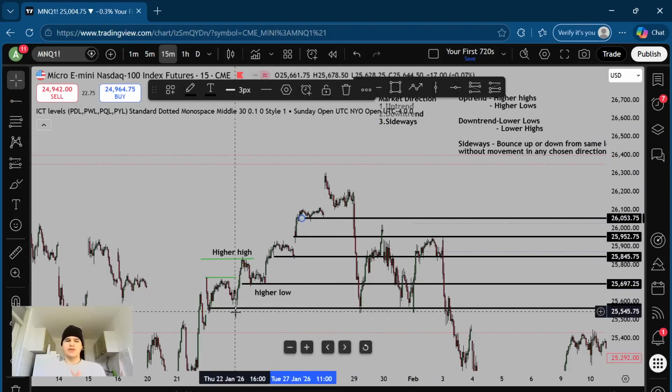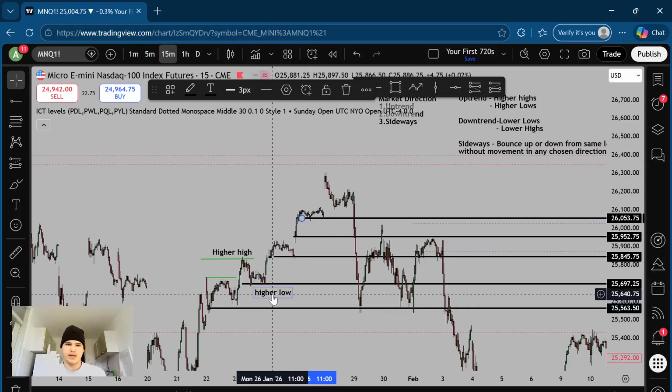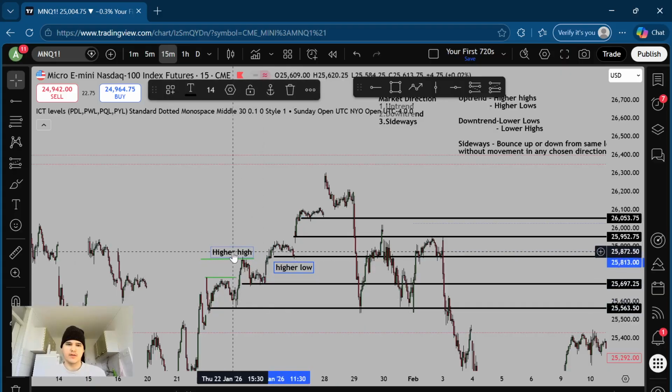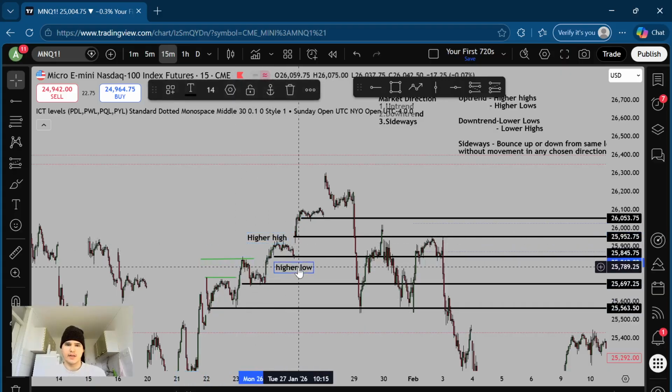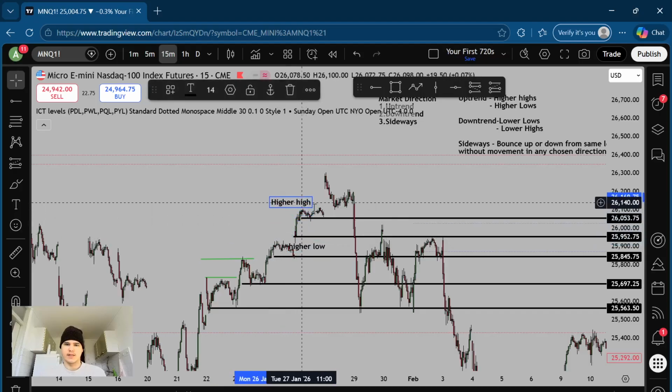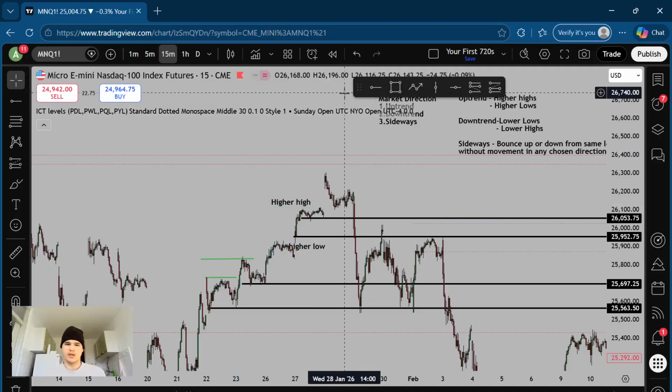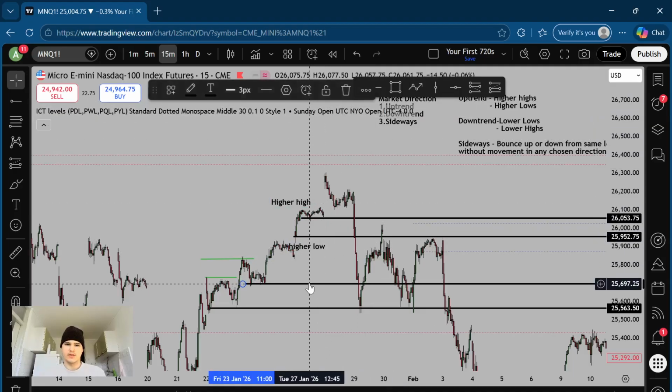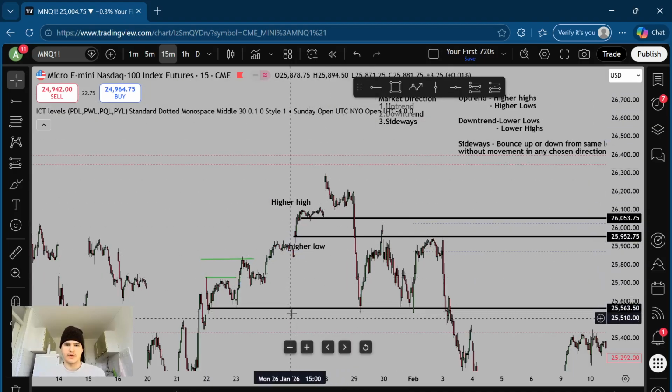Okay, so how do you know that this trend is still valid? Well, the trend is still valid as long as we keep making these higher lows and higher highs, higher lows, higher highs. Now, you can spot over here where the trend then becomes invalid. So let's go over that for you guys.